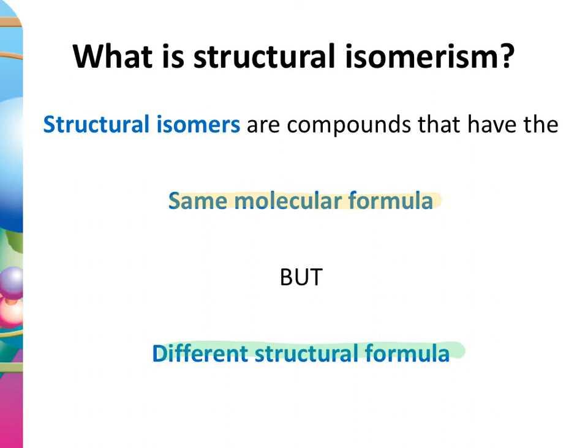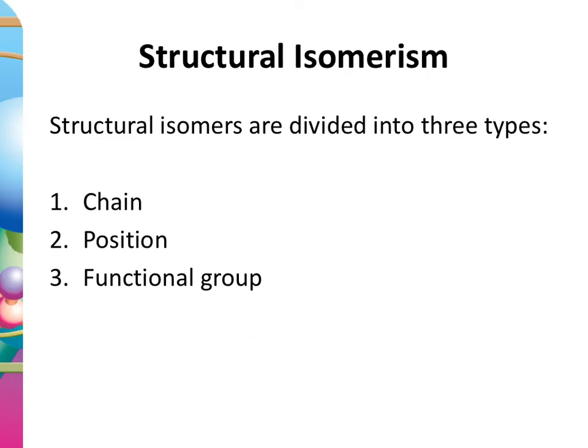I had CH3CH2CHO for the aldehyde, and I had CH3COCH3 for the ketone, and they were different structural formulae. So the same atoms were joined together in different ways. As we saw in the family tree, we can break structural isomerism down into 3 types. One of them is chain, which we're going to look at first, then position, and then functional group.